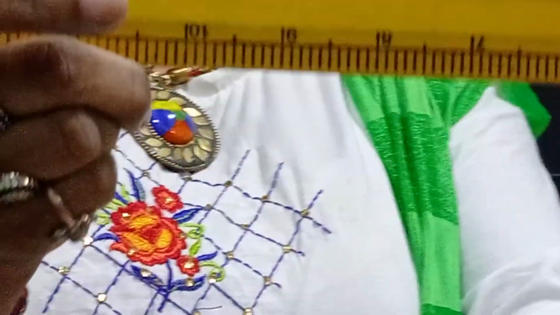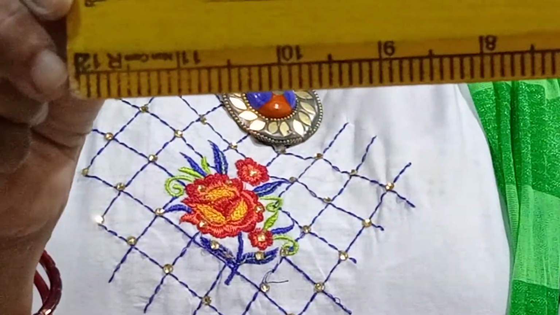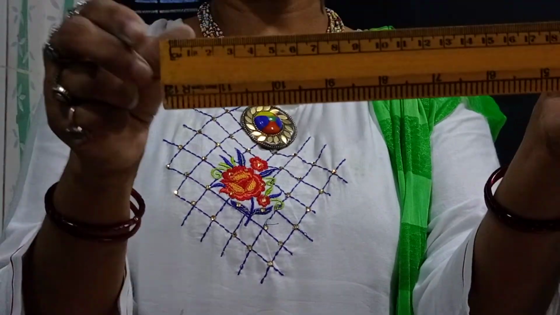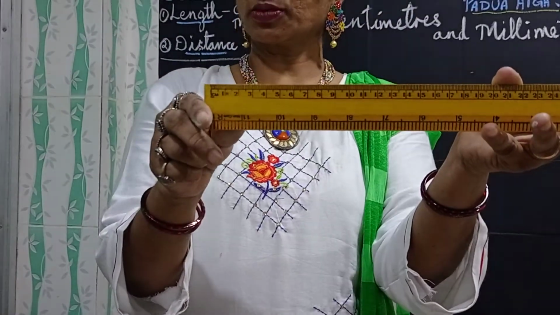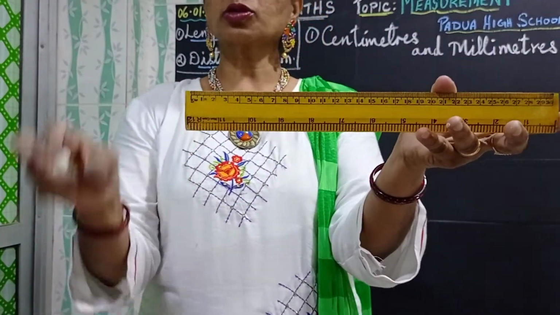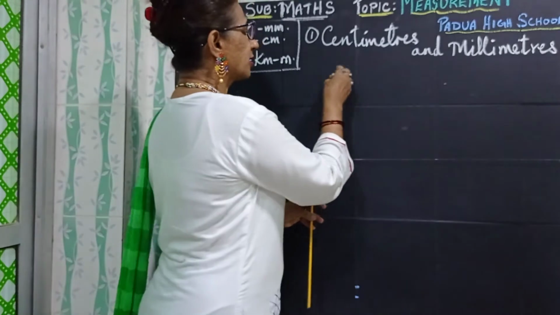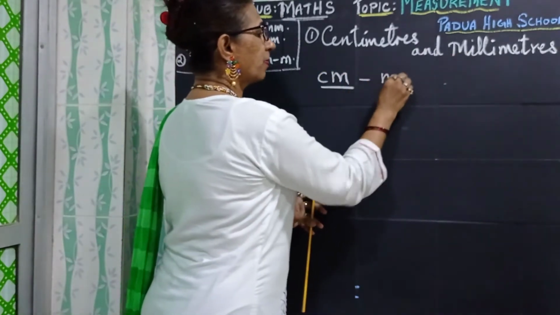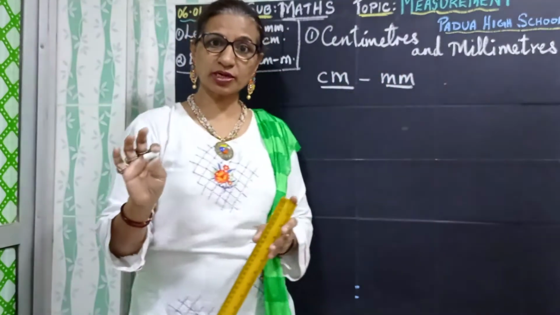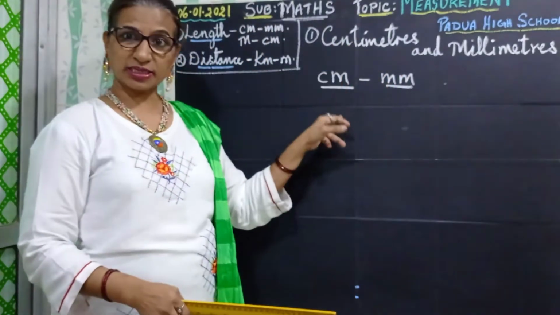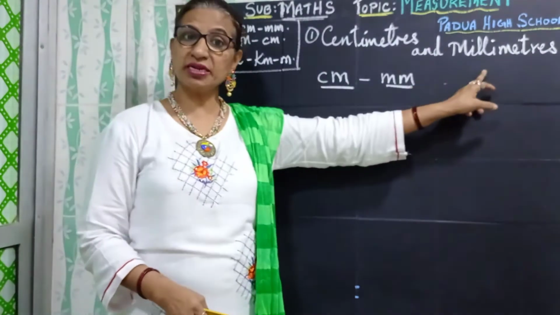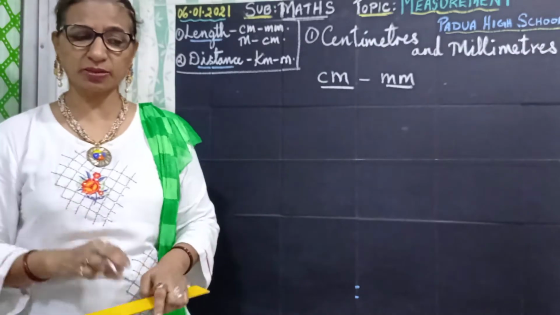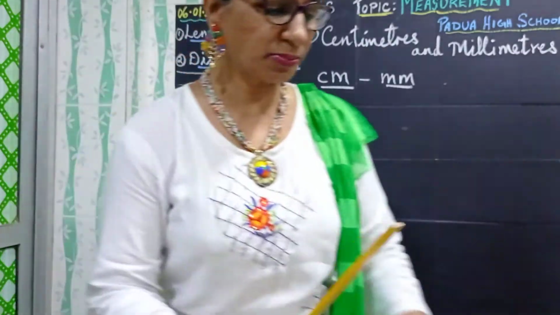So that is centimeters and millimeters. ठीक है, तो जब आप कुछ छोटी चीज मेजर करने जाते हो तो हम उसको सेंटीमीटर्स और मिलीमीटर्स में मेजर करते हैं. ठीक है, और उसका शॉर्ट फॉर्म में हम लिखते हैं cm सेंटीमीटर्स को और mm मिलीमीटर्स को. Follow, children, so cm means centimeters and mm means millimeters. Have you understood now?